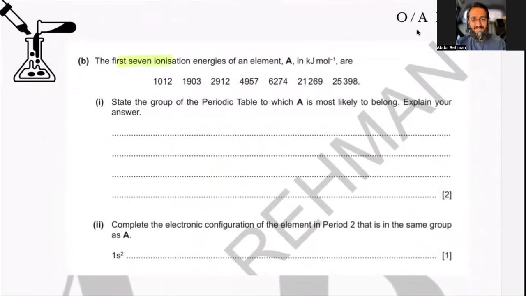The first 7 ionization energies of an element A include the following values in joules per mole. State the group of the periodic table to which A is most likely to belong. Explain your answer. It is for 2 marks: 1 mark for identification and 1 mark for the reasoning.